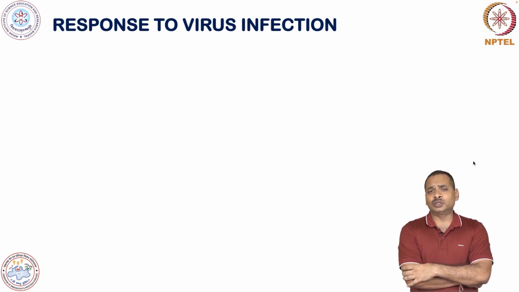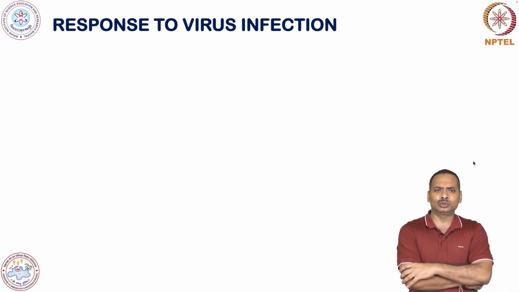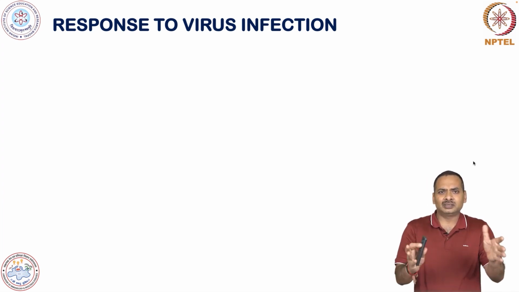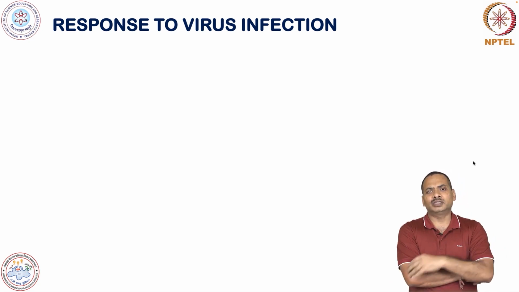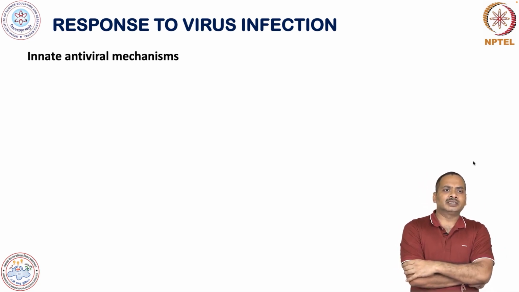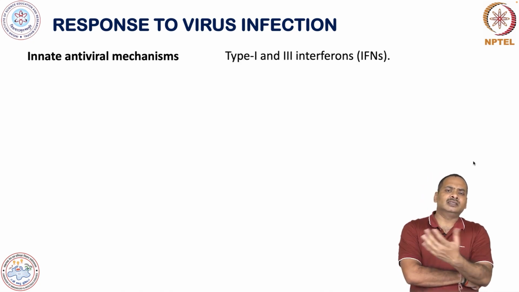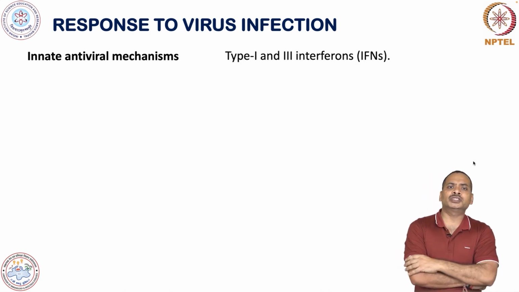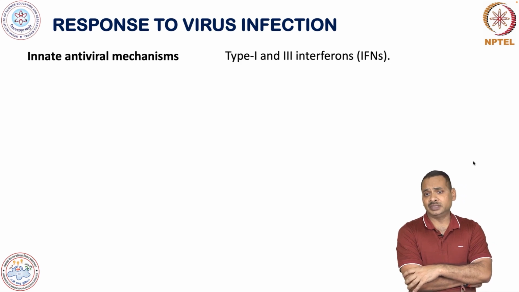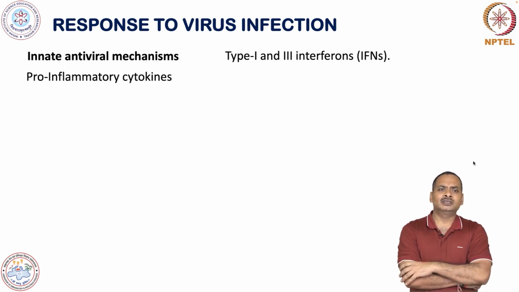Responses to virus infection I have discussed earlier, but I will quickly go through them so that you can put it in perspective. During virus infection this is happening. There is an innate antiviral mechanism, and you know that there is production of type 1 and type 3 interferons, which is one of the key things.